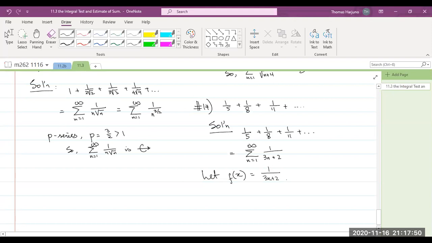Note that this f(x) is continuous on all real numbers except negative 2/3. So consequently, it is continuous on 1 to infinity.